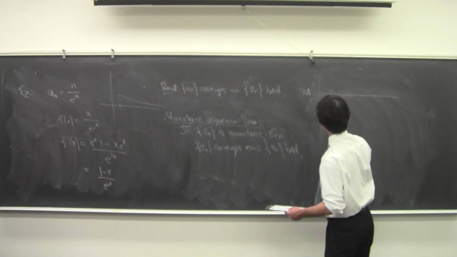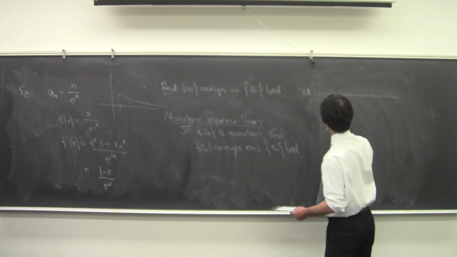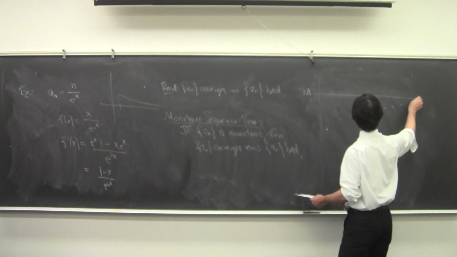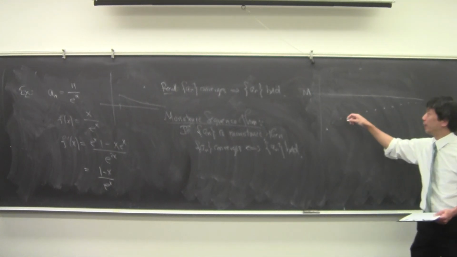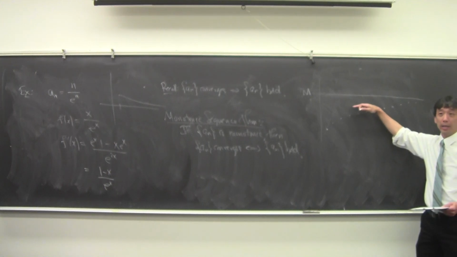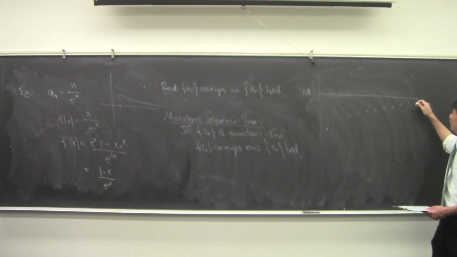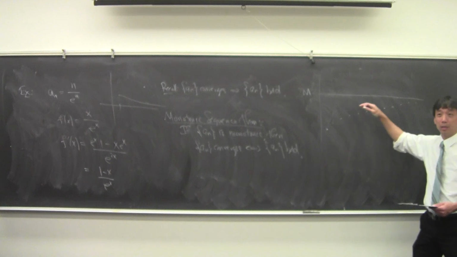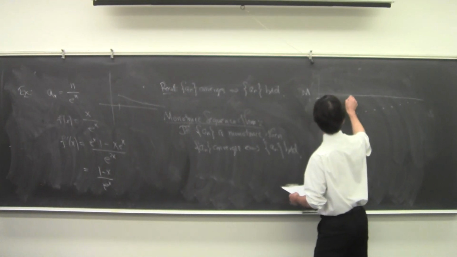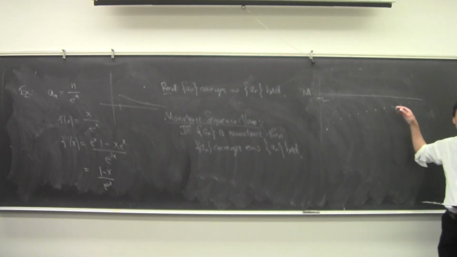So here's the picture. If you have an increasing sequence, and that sequence has an upper bound, then it's going to converge to something. There's got to be some number L that your sequence converges to.